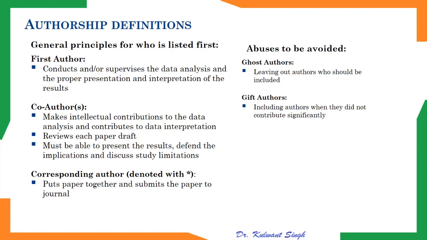So try to avoid these ghost authors and gift authors. If a person has sufficient contribution in your research work, never leave out such authors, and never include any person who has not contributed to the research. So try to follow authorship in a proper manner.